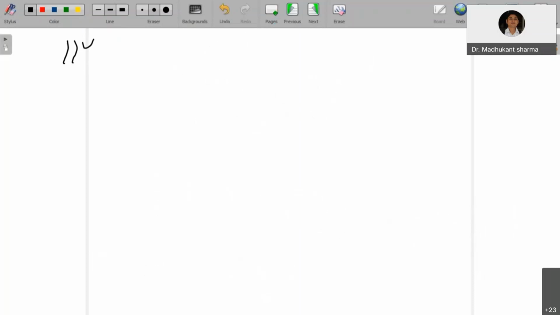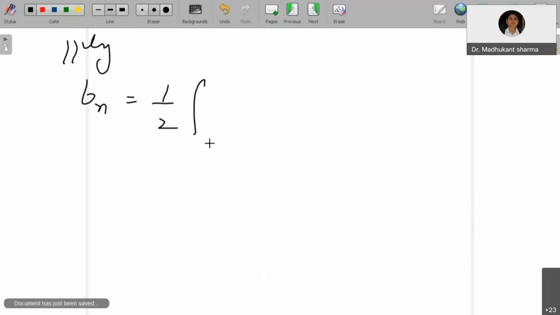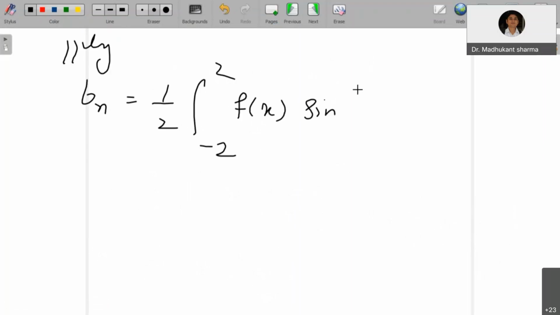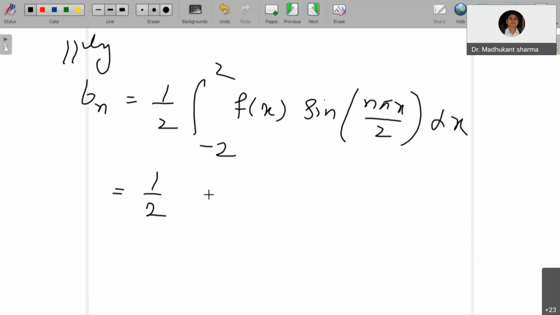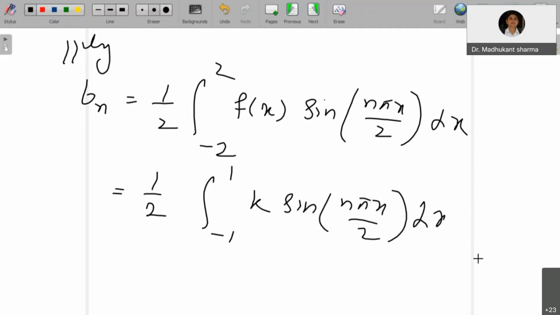Similarly, b n is equal to 1 upon 2 integration from minus 2 to 2 of f of x times sine of n pi x by L, that is 2, dx. So this equals 1 by 2 integration from minus 1 to 1 of k times sine of n pi x by 2 dx.